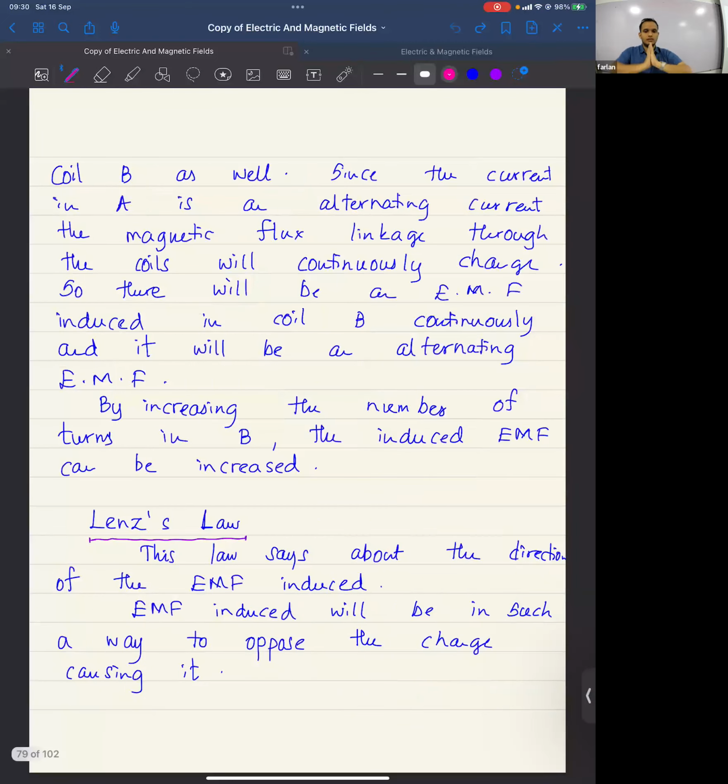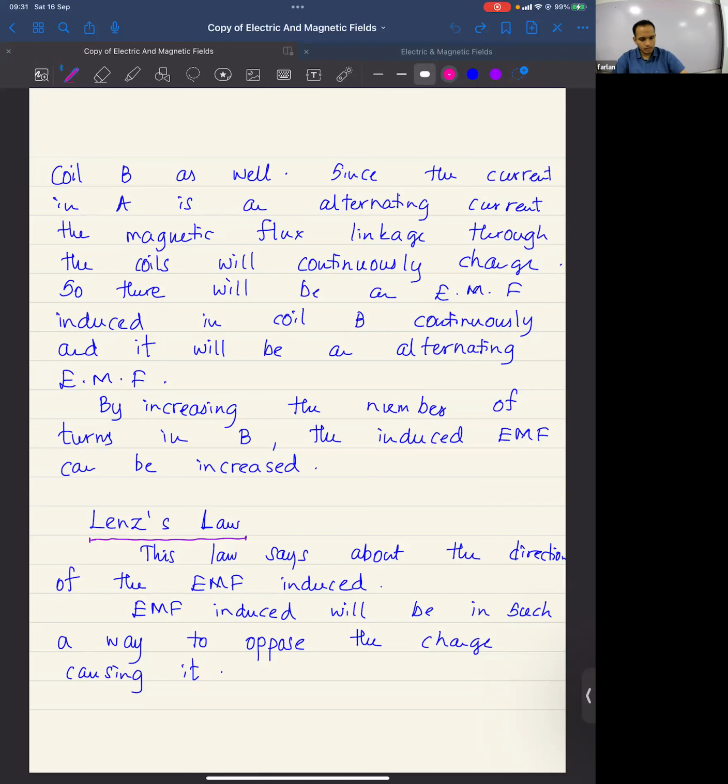Right. Guys, this is again something you have learned earlier. Lenz's law says about the direction of the EMF induced. So right under that, this law says about the direction of the EMF induced. Right below that.